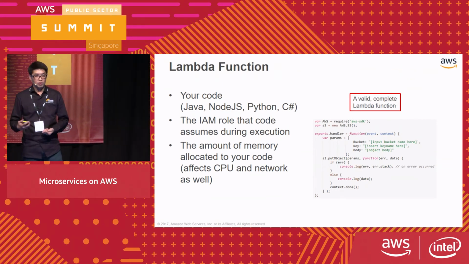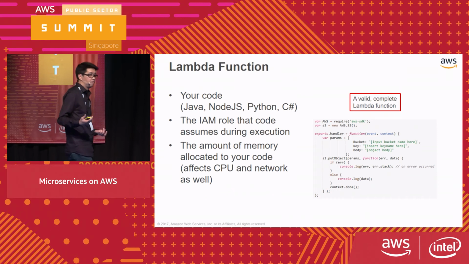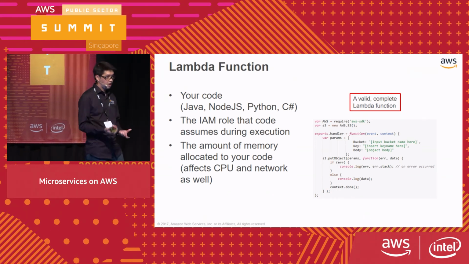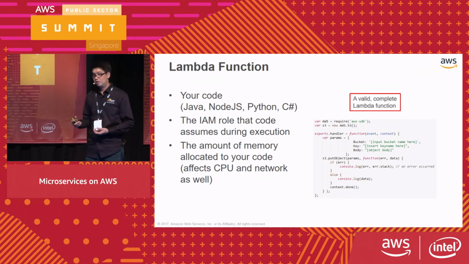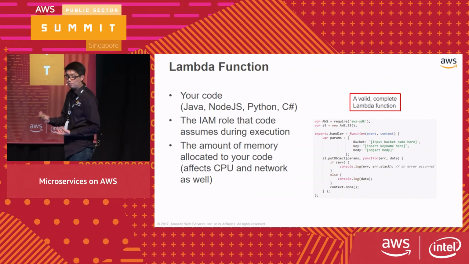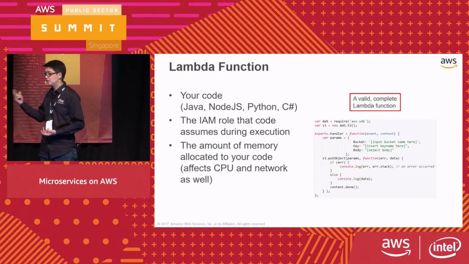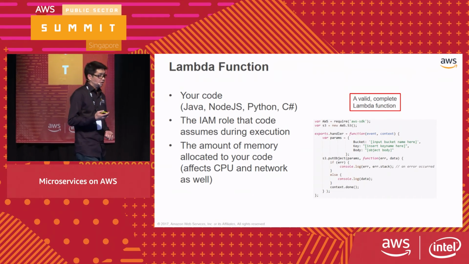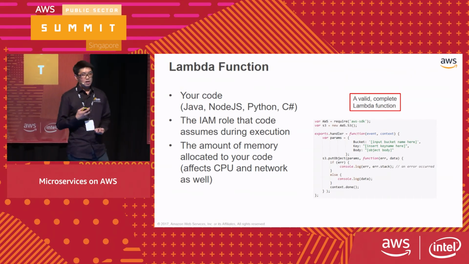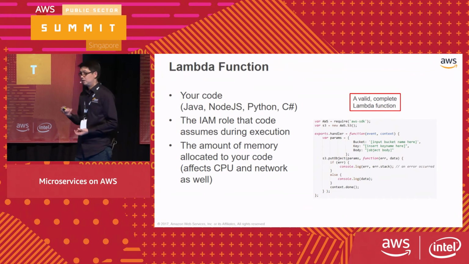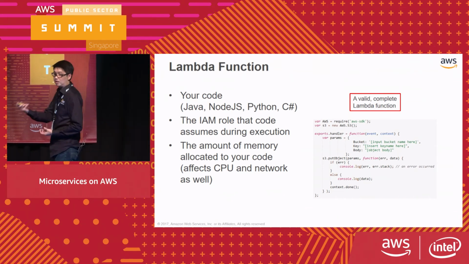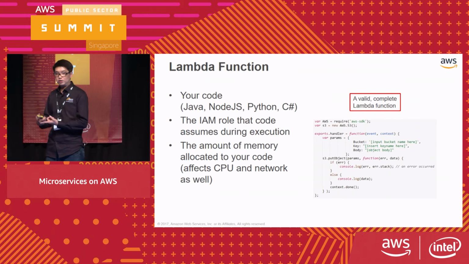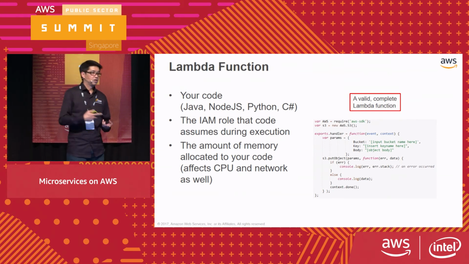Each code that you write does not mean that it has to be a single function. That function itself can call other functions, and can include other native libraries or code libraries that you want. Of course, there's a single point of entry to that particular function itself. Next, the service is what services this code will have access to, whether it's AWS service APIs or some other AWS services.